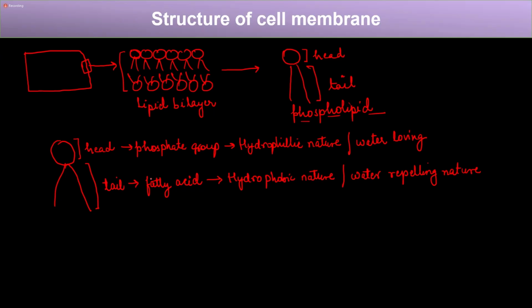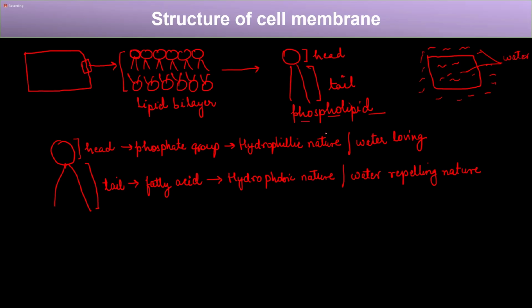Now, you remember that I told you that a cell comprises water inside, right? And outside of the cell also, there is water. So our cell is present in water and it also consists of water. So these are mainly water molecules.